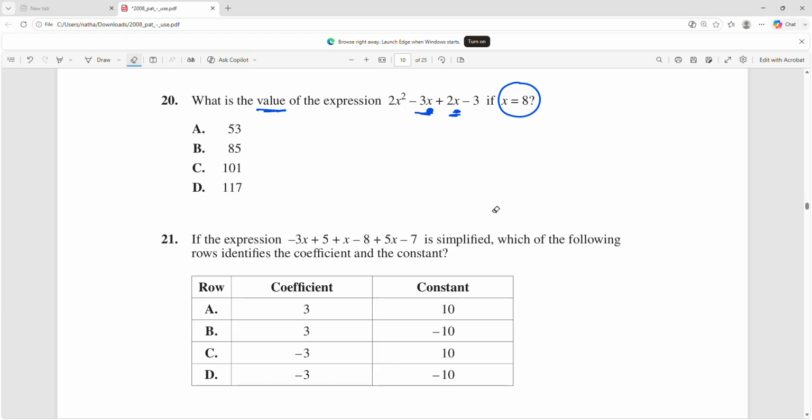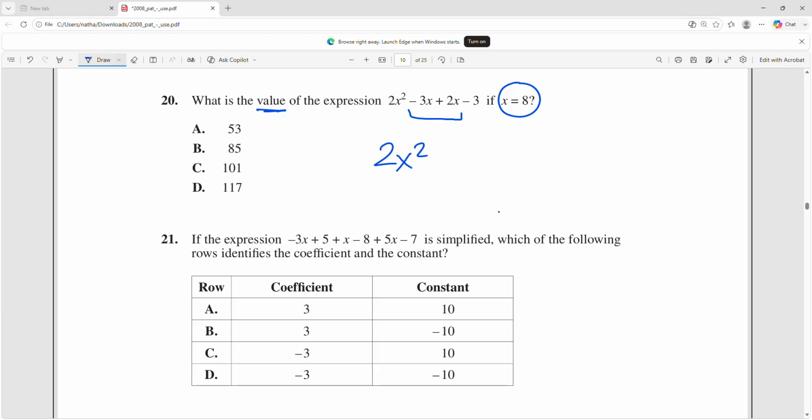So if they're different terms, we can't add them, but like terms, we can. So I could do this, 2x squared minus 3x plus 2x, so negative 3 and positive 2 is going to give us negative 1, or just negative x minus 3. I decided that would save me some time if I do that first.